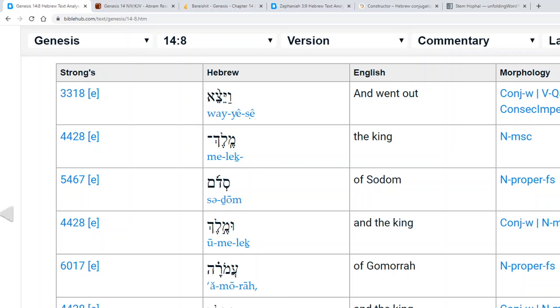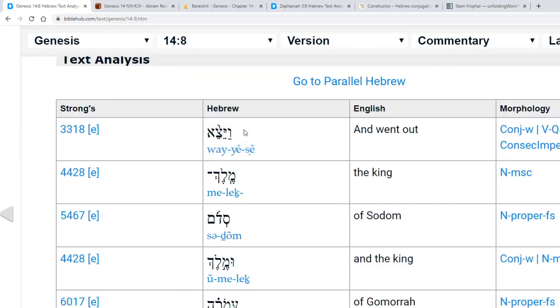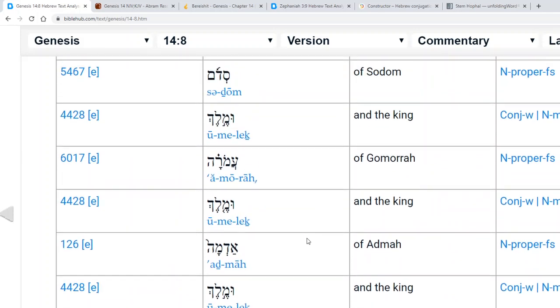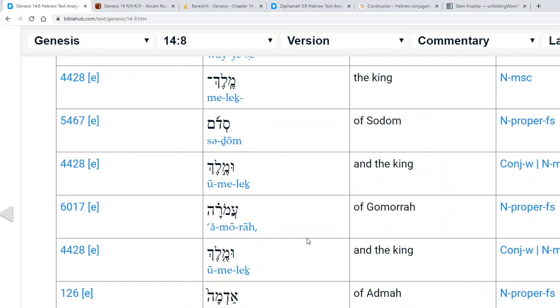Vayetze melech Sdom. So it's in the singular. Vayetze melech Sdom umelech Amora umelech Adma umelech Tzivoyim.